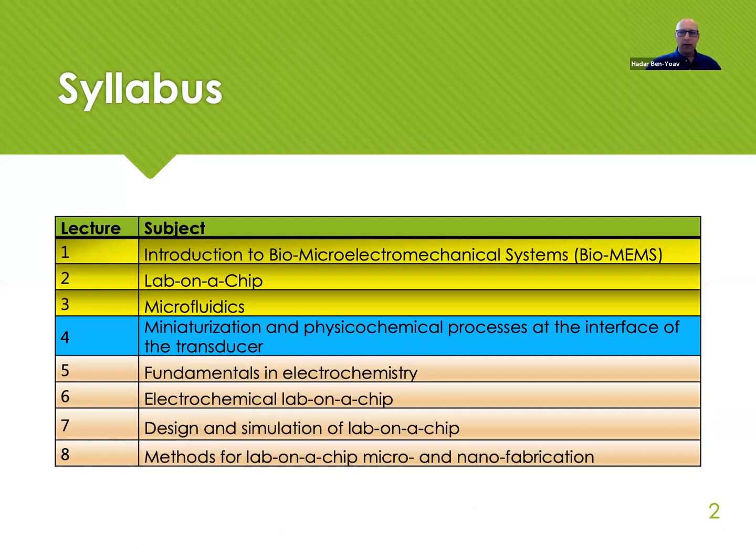So far, we had 3 lectures about the system level, about how the system looks. We learned about lab-on-a-chip microsystems, how you can integrate multiple components, multiple parts that have different functionality.